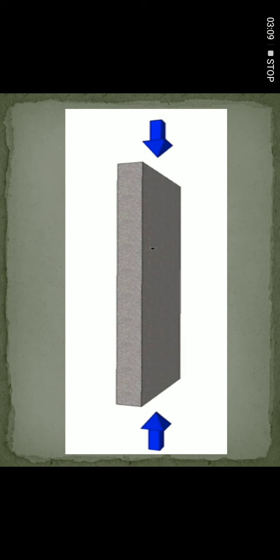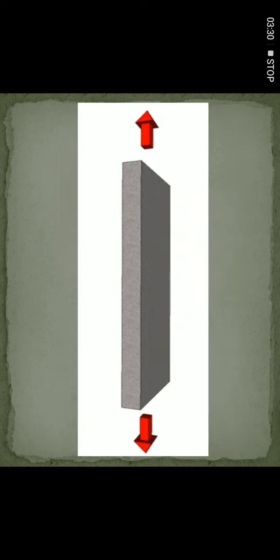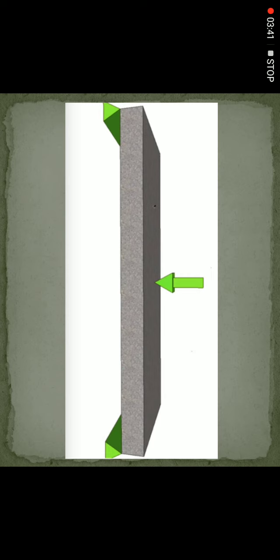The picture shows compressive force; the blue arrow indicates compression. Please keep in mind, concrete is strong in compression, weak in tension. This picture shows tensile force; the red arrows indicate tensile force.